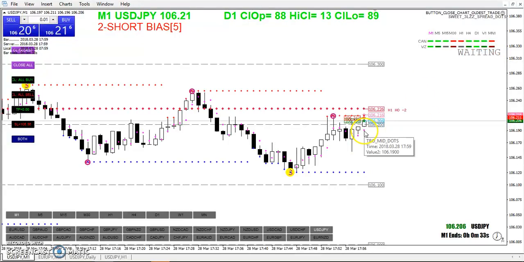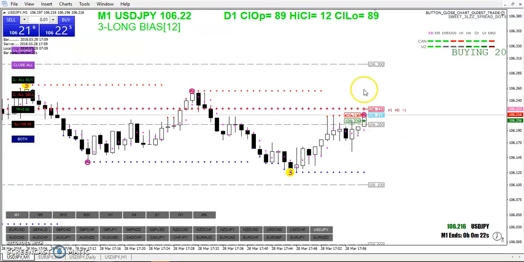But you see it's above that previous candle's midpoint. So we're going to wait. What I'm anticipating is we get a little push up on the first minute, and then we come back. That's what I'm anticipating.